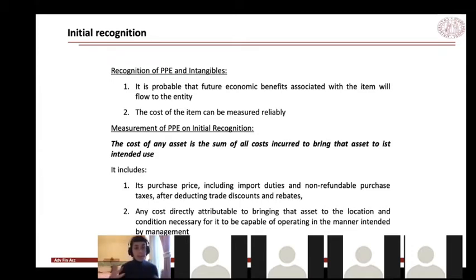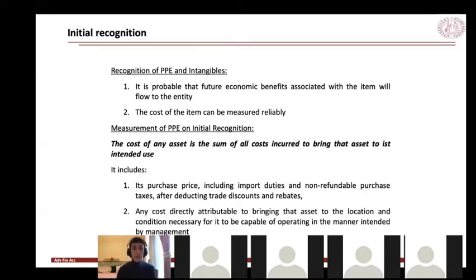Okay, let me give you another example. Since we are in this particular situation, let's take the vaccine example. So you have a vaccine that has not been tested and does not have the FDA equivalent, the government approval for its use. What do you do with this prototype? Are the two criteria met? Are you sure that it will lead to a future economic benefit?